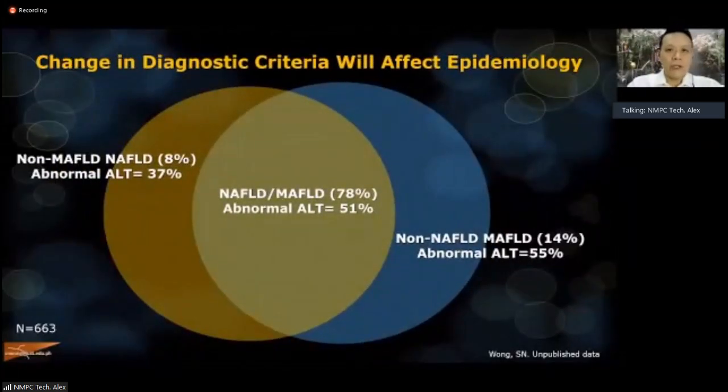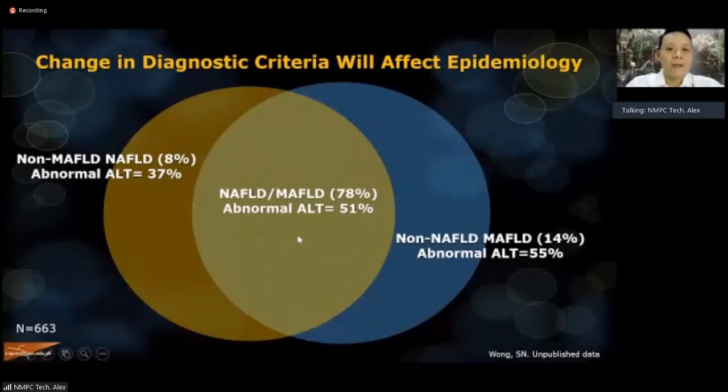Now, because of this change in diagnostic criteria, it's expected that the epidemiology of fatty liver disease will also change. So when I looked at that same data set to see whether it would change the epidemiology or not, it did change it.